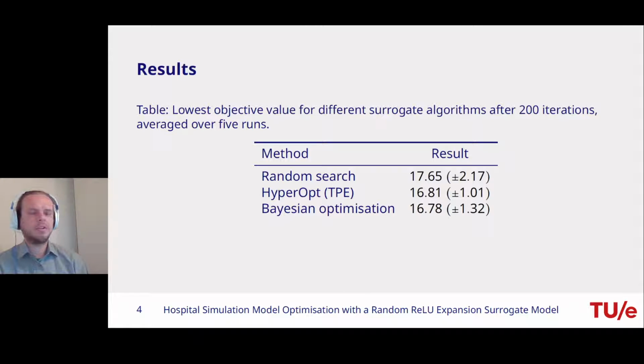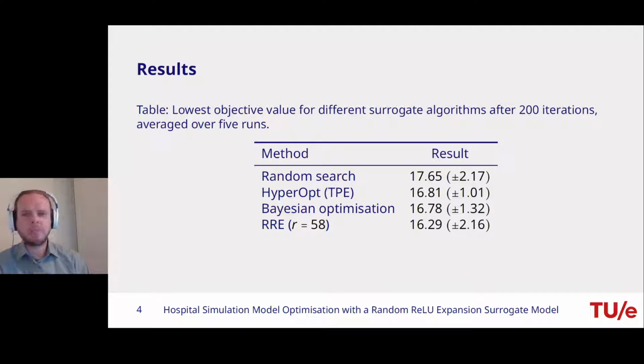Now remember that the goal was to minimize the output, so we see that two state-of-the-art surrogate modeling algorithms, namely Hyperopt, also known as TPE, and Bayesian optimization with Gaussian processes, gave better results than random search as expected.